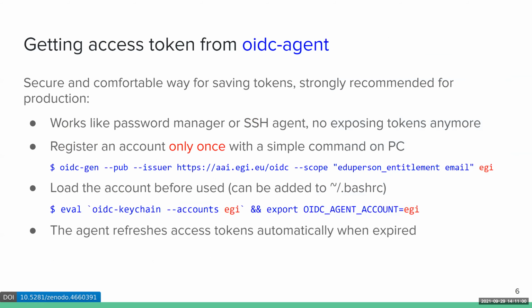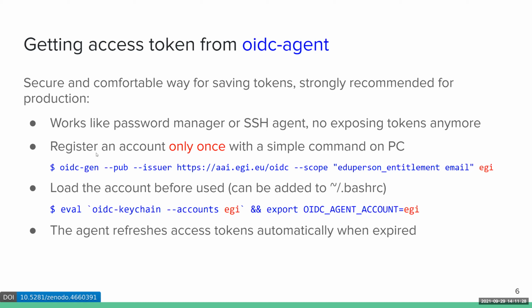The second way, and the recommended way, to get an access token is from OIDC agent. It's secure and comfortable for serving access tokens, so I strongly recommend it for production. The OIDC agent works like a password manager or SSH agent, which means that you do not have to expose the token in clear text.